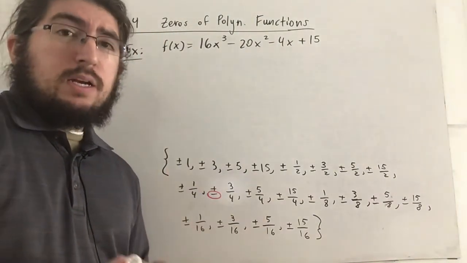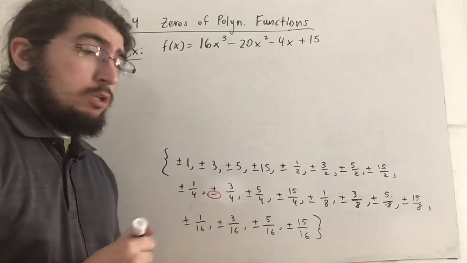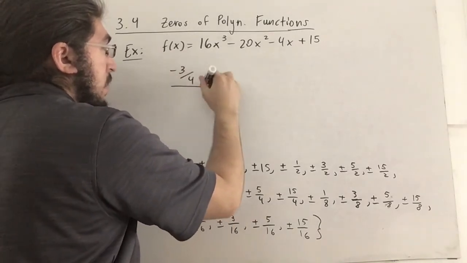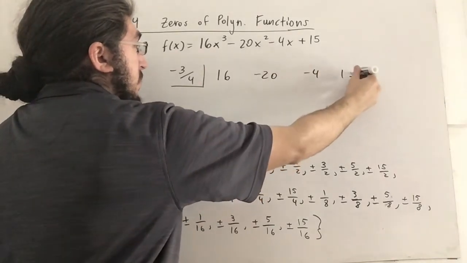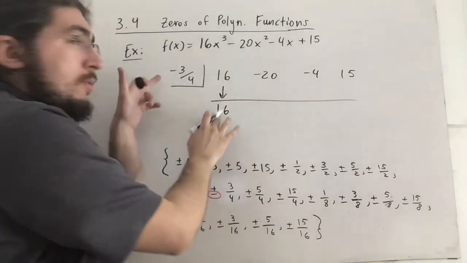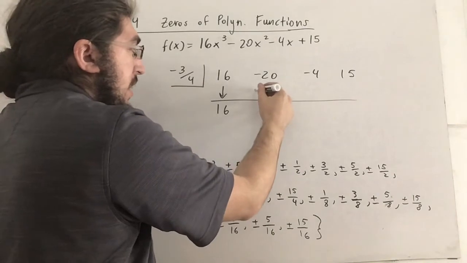Let's see what happens. So we're still going to play the game of synthetic division to check. We should get a 0 as a remainder. If our box number is negative 3/4, and we have coefficients 16, negative 20, negative 4, and 15, remember what happens. We bring this down, multiply by negative 3/4. 16/4 is 4, times negative 3 is negative 12.